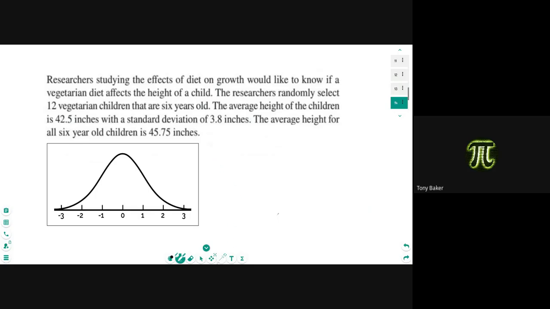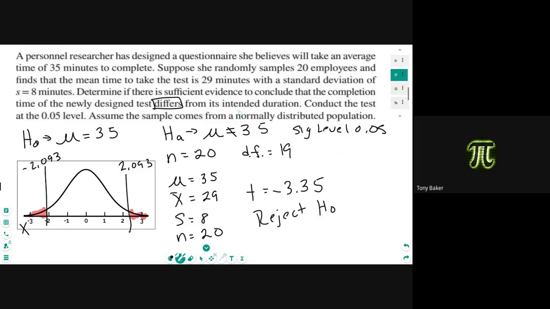Do you know if you're using the T or Z again? Depends on where the data is. So this one, we use T. It says she randomly samples 20 employees, finds the mean time to take 29 minutes with a standard deviation of 8 minutes. That 8 minutes is within that sample that they've done.